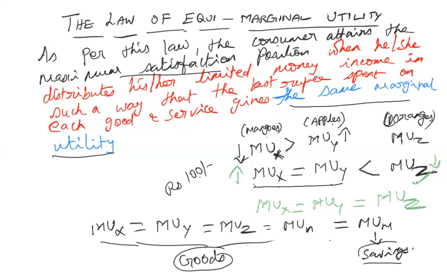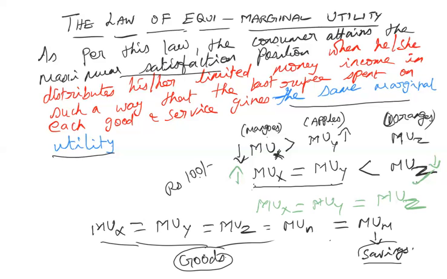In other words, partly is saving, the remaining part is spending on goods and services. So the money in the form of goods and services must equalize money in the form of savings. If that position is reached, the consumer is in equilibrium position.